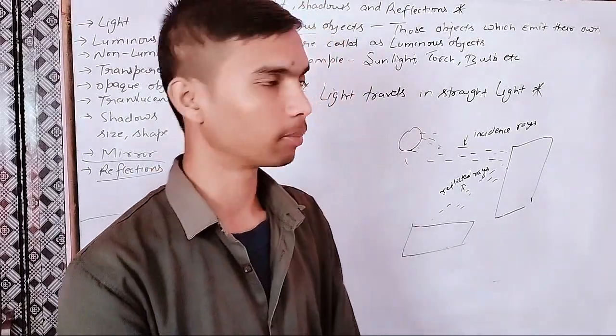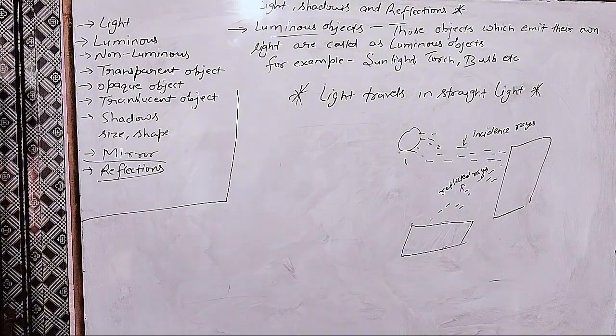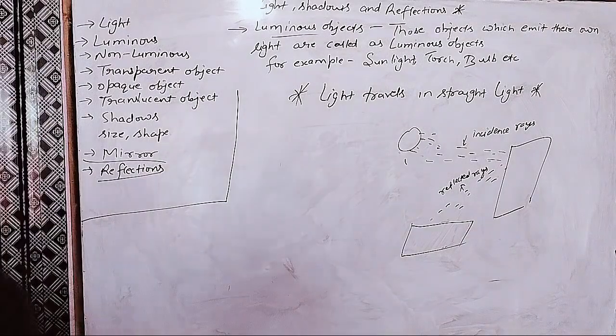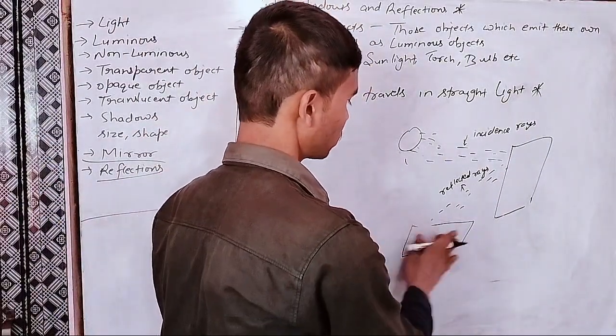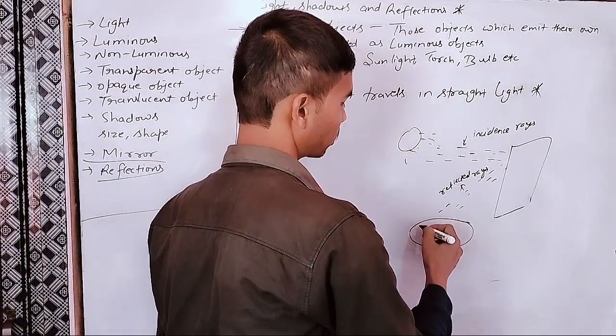We have a plane mirror. What else do we need to understand? Here, this is pond water, the pond area of water. Clear?